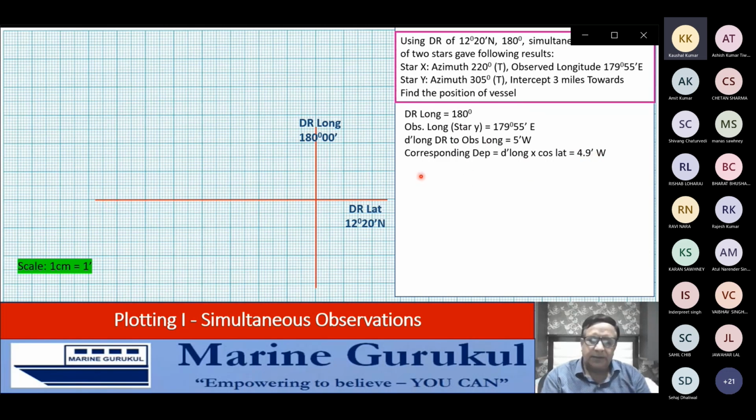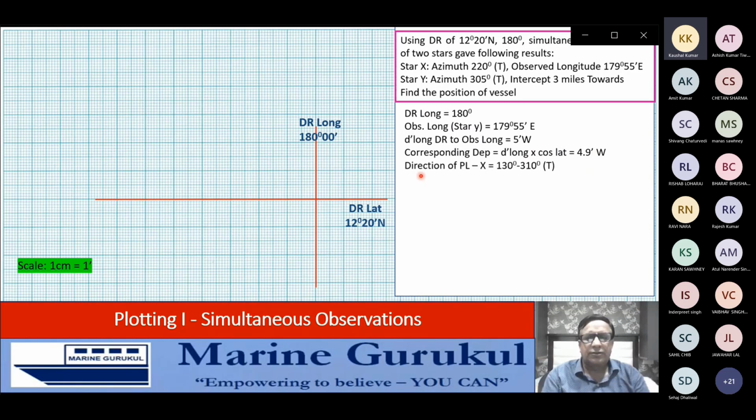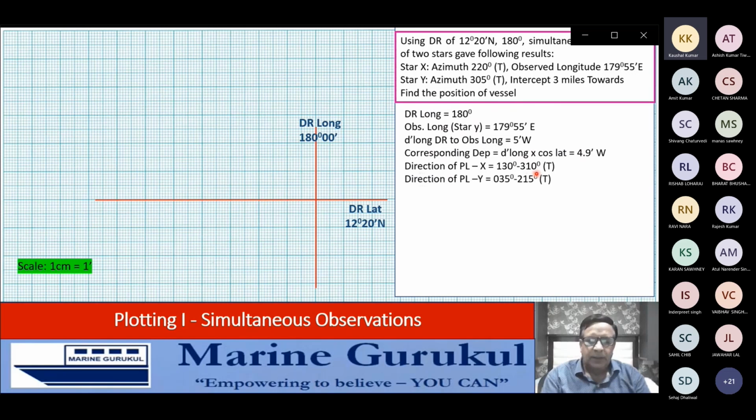We also identify the direction of the PL for star X, which is perpendicular to its azimuth, the direction being 130 to 310. Likewise, the direction of the PL of Y, perpendicular to the azimuth of 305 degrees true, is 035 degrees to 215 degrees true. So now, using this departure between the two meridians, we plot the observed long.